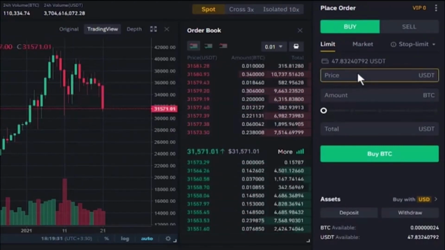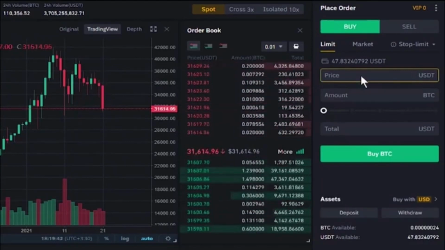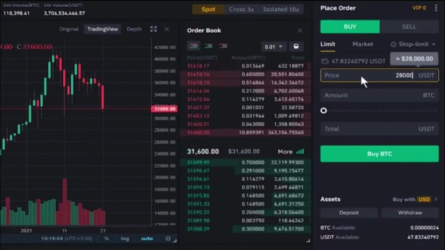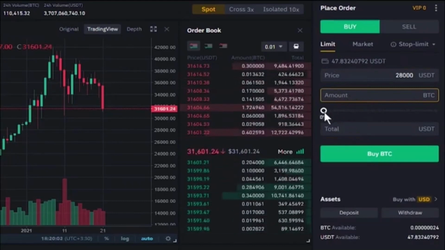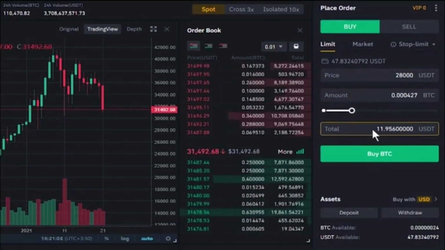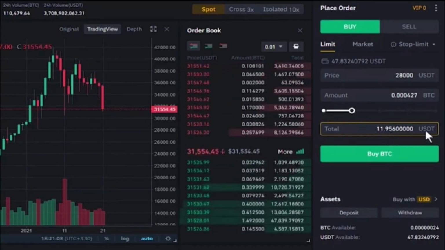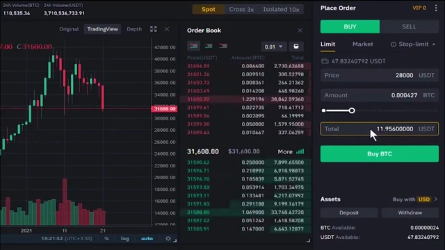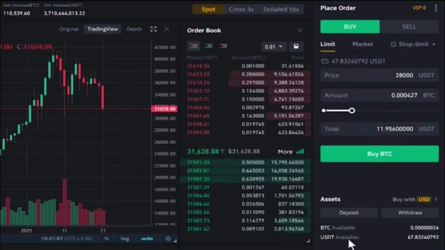Here in this box, we enter our desired price, which is 28,000, and here in this box we enter the amount, which I just set, for example, to 25%, and in this box it shows us how much it costs in terms of Tether, which is 11.95 USDT, as you can see. This will be deducted from the Tether amount that I have available here.